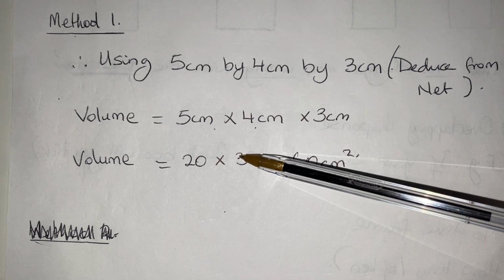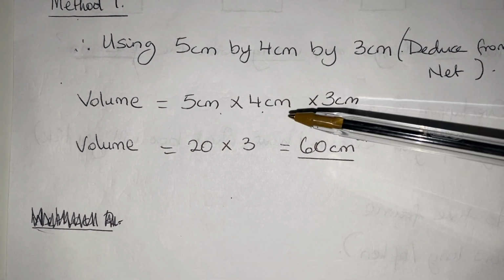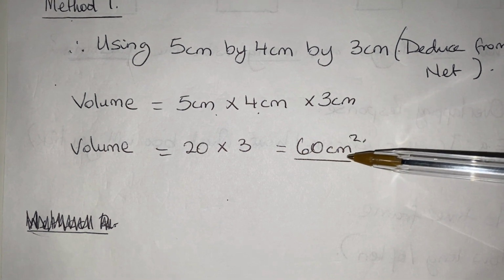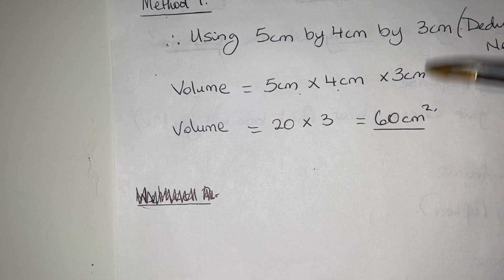So my volume for the cuboid with the face of the net drawn will be 60 centimeter cube.